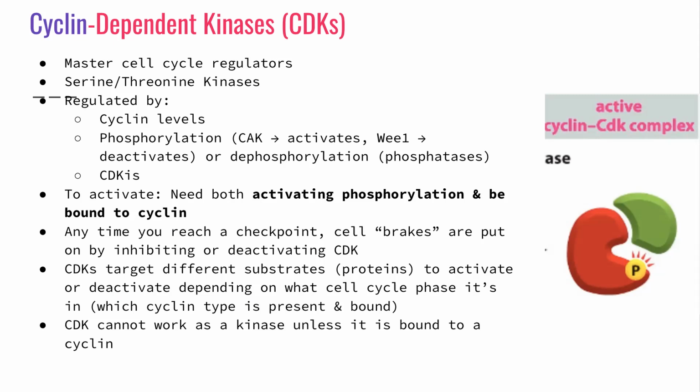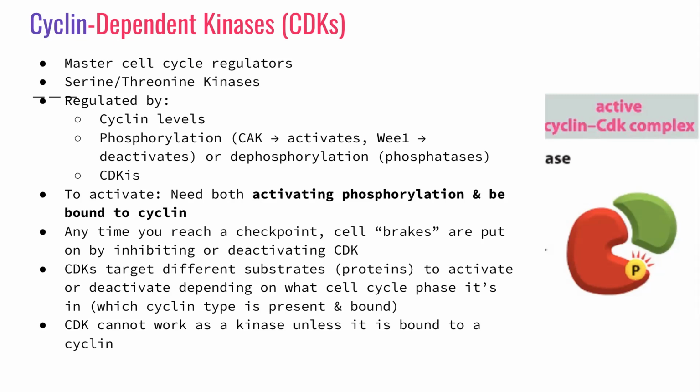Okay, in order to be activated, CDK needs to be both phosphorylated by CAK and bound to cyclin. You have to have both of these happening at the same time. Anytime you reach a checkpoint, the cell brakes are put on by inhibiting or deactivating CDK, either via phosphorylation or binding by an inhibitory protein.